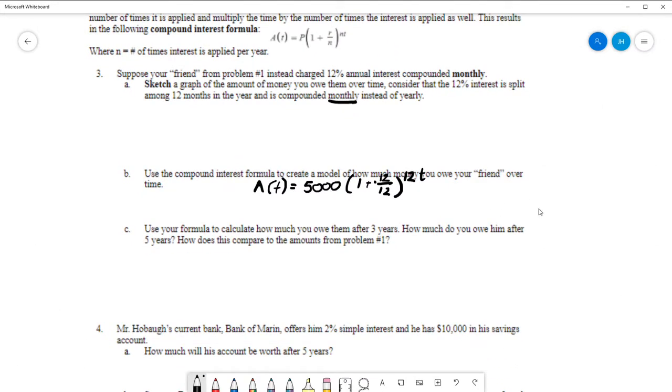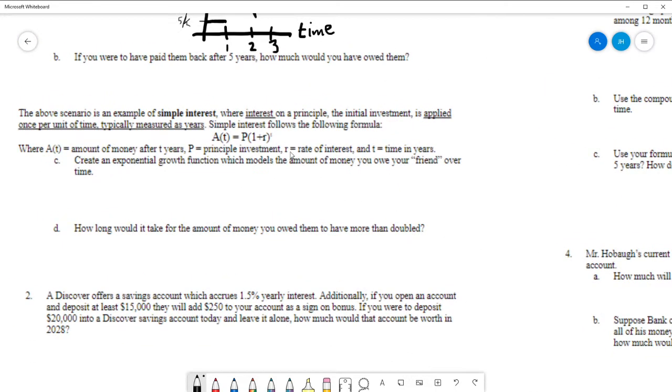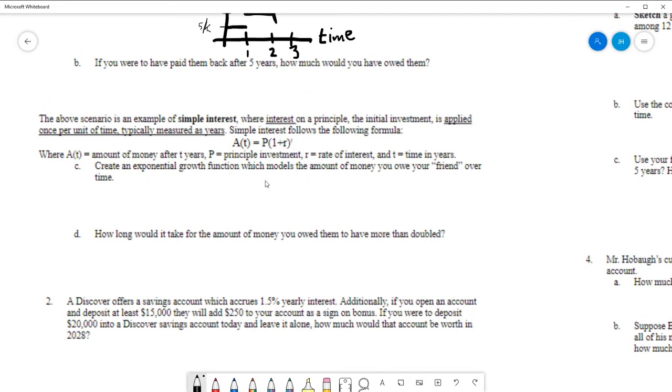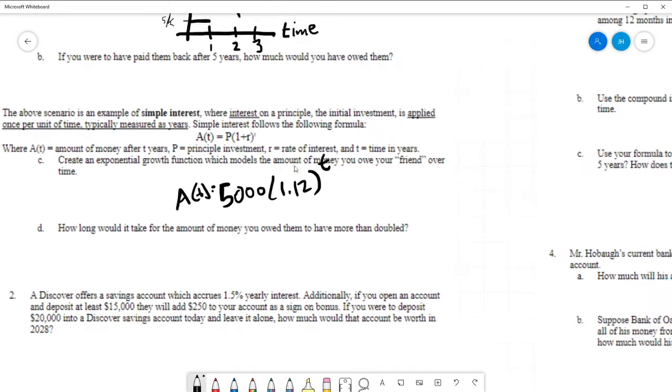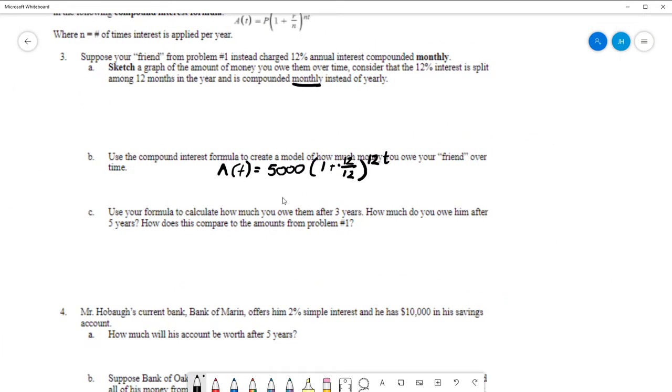So what that does here, you can see when the 0.12 is divided by 12, instead of our interest being 1.12, like in this problem over here, where the interest would have been 5,000 times 1.12 to the t, over here we actually are going to have 5,000 times 1 plus 0.12 divided by 12, which is 0.01, so 1.01.